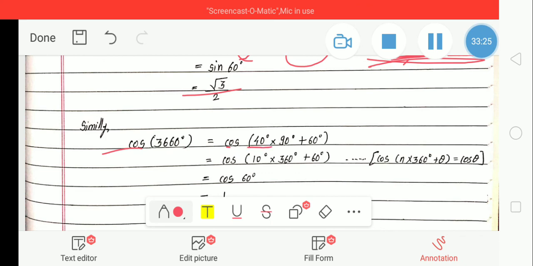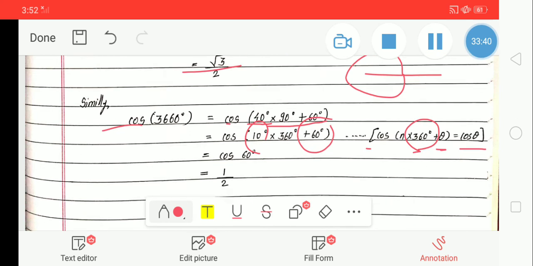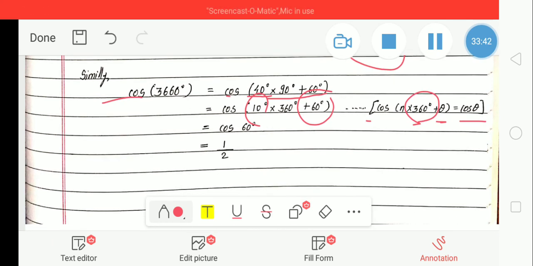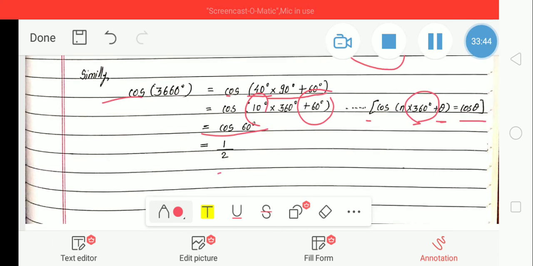Same here, 40 multiplied by 90 plus 60. So cos of n multiplied by 360 plus theta, here 360 means completely one rotation, is equal to cos theta. So n is 10 and theta is 60. So cos 60. And what is the value of cos 60? 1 upon 2.